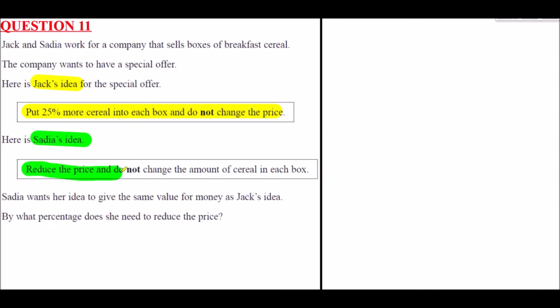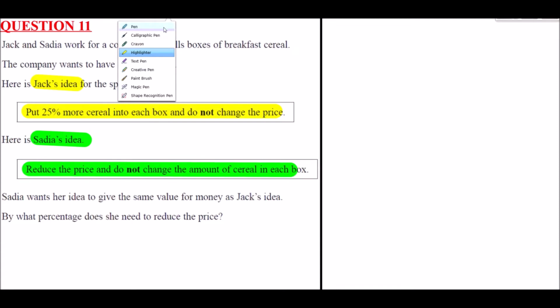Now, Sadia, we're told, she wants to have the same value for money as Jack's idea. So if that's the case, by what percentage does she need to reduce the price? The weird thing, in my opinion, about this question is we're talking about a physical thing, boxes of cereal, and money, but we're not told anything about what the actual size of this box of cereal is, or what the standard price was.